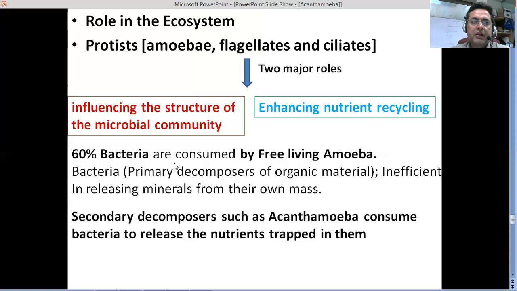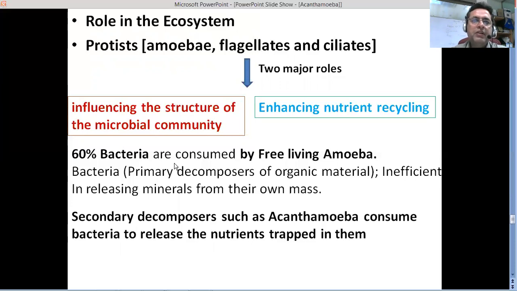When these bacteria do this process of decomposition of organic matter, lots of nutrients remain trapped in bacteria, so they are not good at releasing the nutrients trapped in them. So that's a problem. It means that the nutrients would not be recycled with the same efficiency with which they are being taken in. It's a problem for the environment.